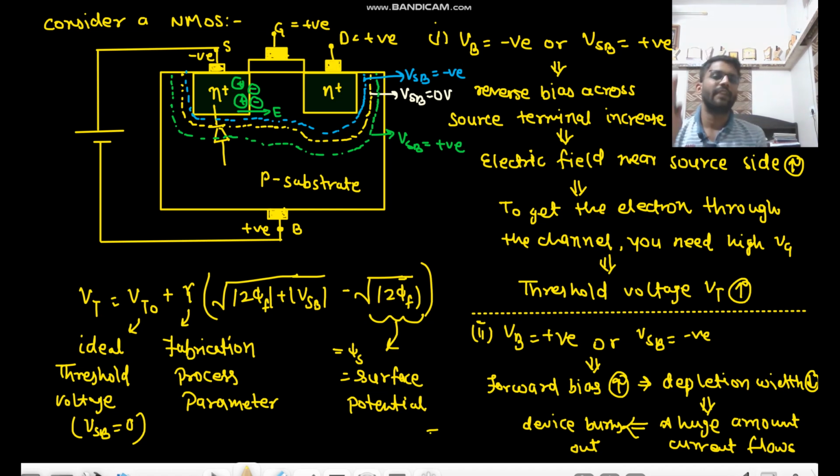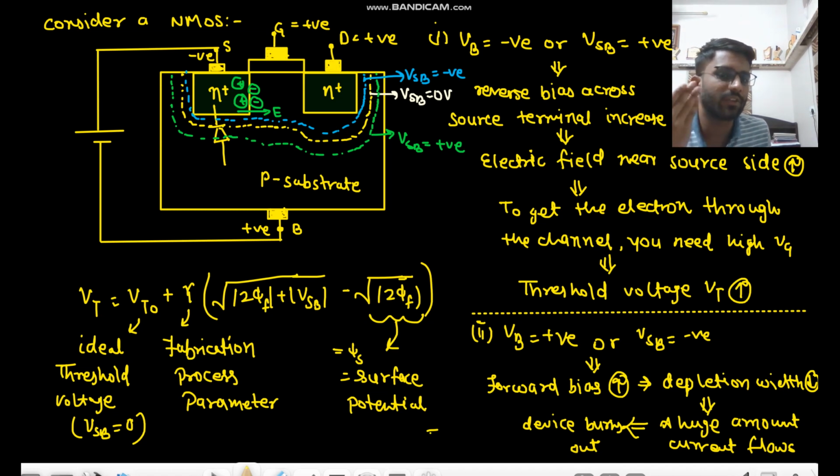So if they ask you why the source and body are shorted, in case of NMOS, if VB is negative, you can draw this diagram and tell them that there is a high reverse bias, so the depletion layer will increase, and because of the high electric field you need to apply a higher Vg to pull the electrons from the source. So the threshold voltage will increase.